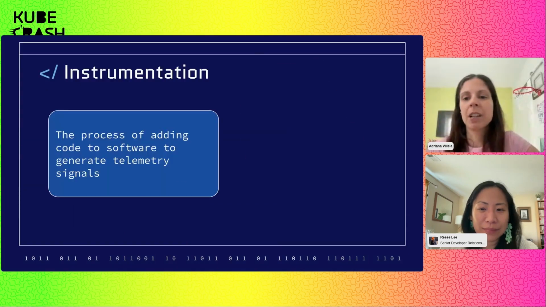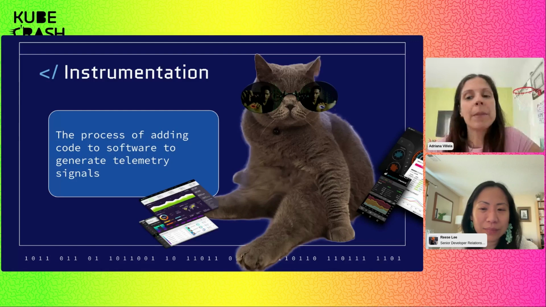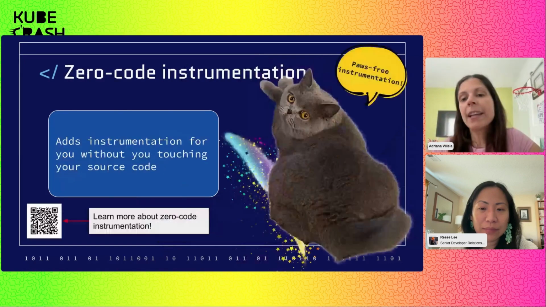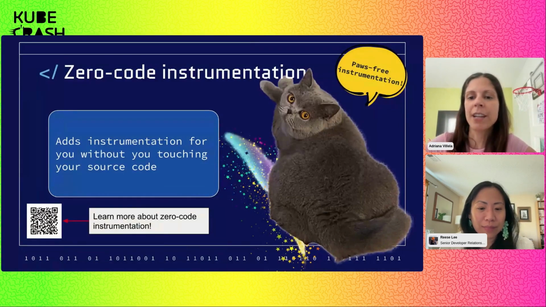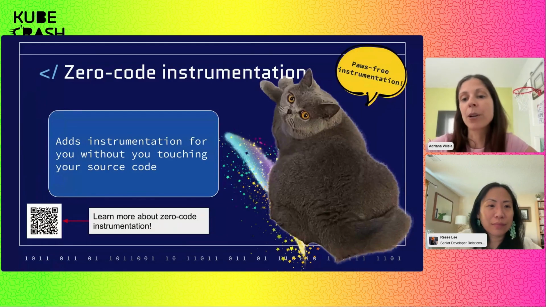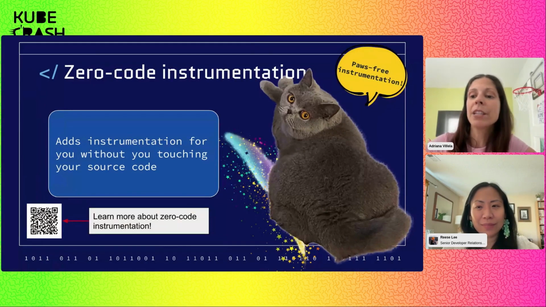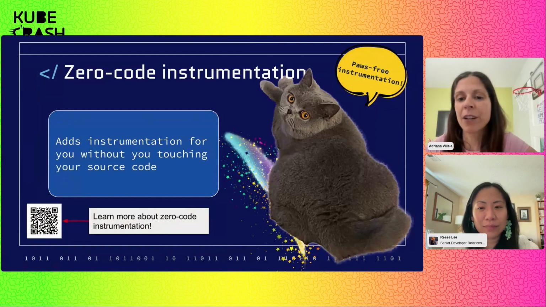instrumentation? First off, instrumentation is the process of adding code to software to generate telemetry signal. So keeping that in mind, zero code instrumentation is when your application is instrumented without requiring you to touch your source code. So magic. Auto instrumentation under the covers uses shims or bytecode instrumentation agents to intercept your code at runtime or at compile time to add tracing and metrics instrumentation to third-party libraries and frameworks that you depend on.